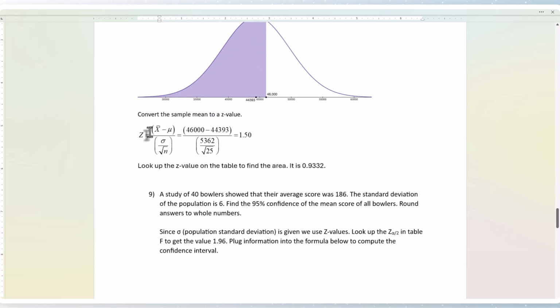So we have to use the central limit conversion formula for z. It's x bar, 46,000, minus mu, 44,393, divided by the standard deviation, 5,362, divided by the square root of 25.